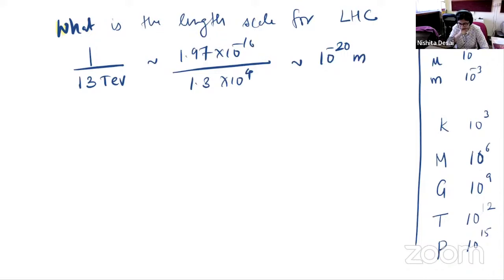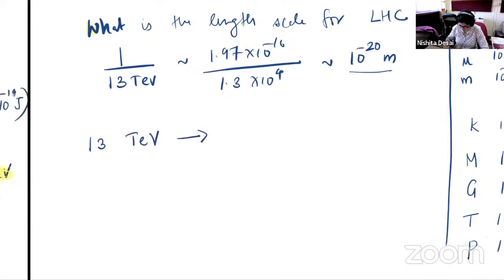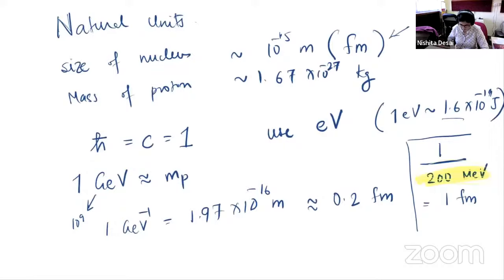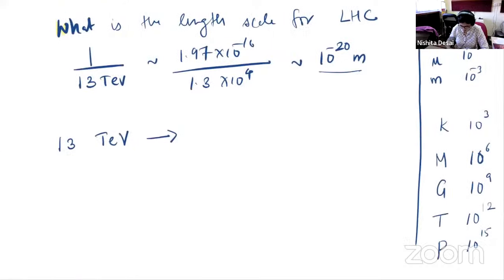Okay. So this tells you something about it in meters, but how much energy really is 13 TeV? This is again just an amusing fact. So 13 TeV, you want to convert it into joules. The conversion factor was 10 to the minus 19. So this comes out to be 10 to the minus 6 joules, or about 240 kilocalories.